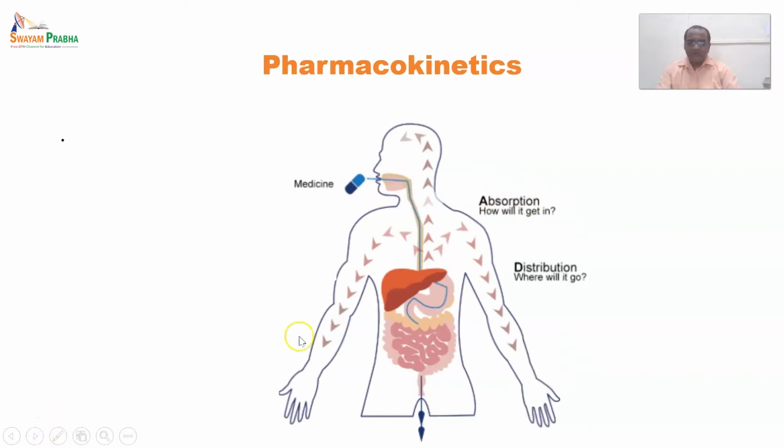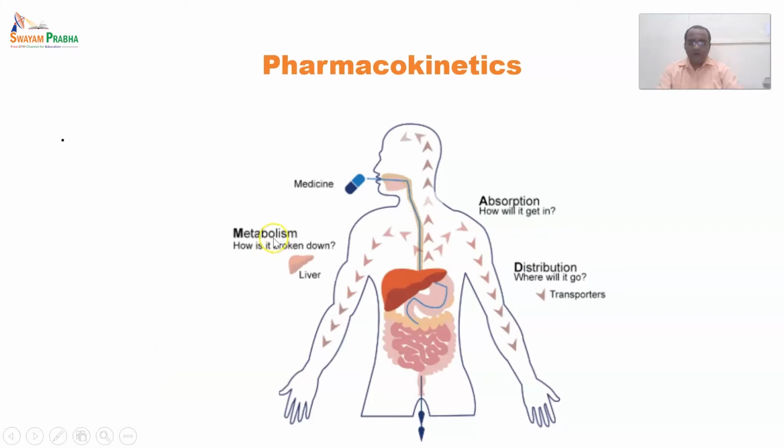Once it has been absorbed, it will be distributed. This is nothing but the distribution of drug in the different compartments or towards different tissues, with the help of transporters.